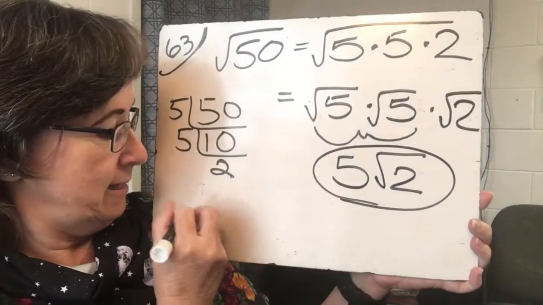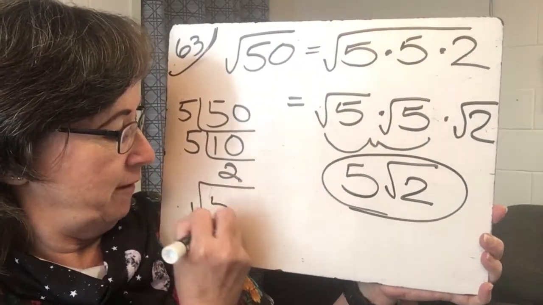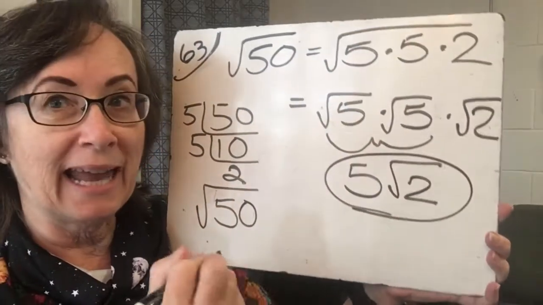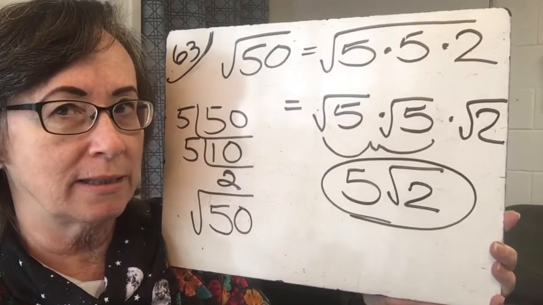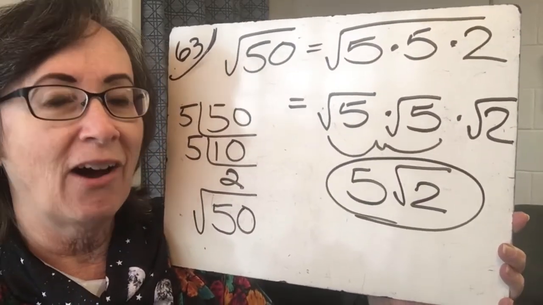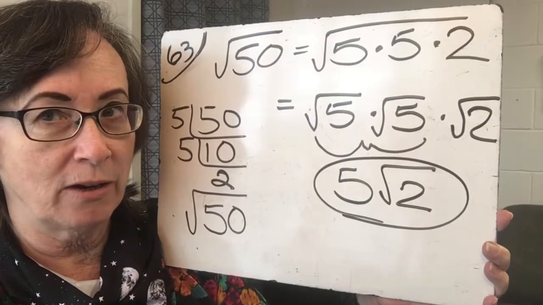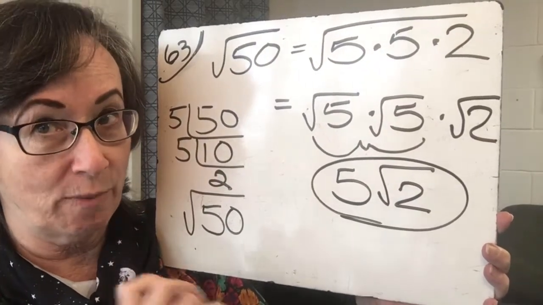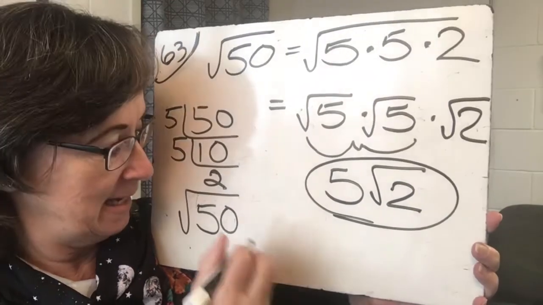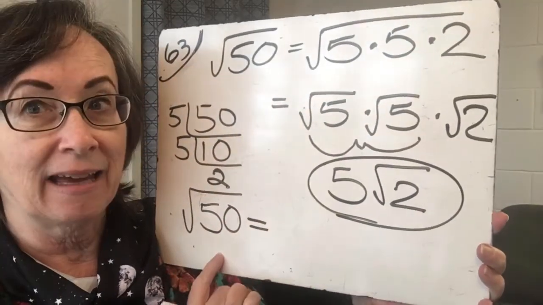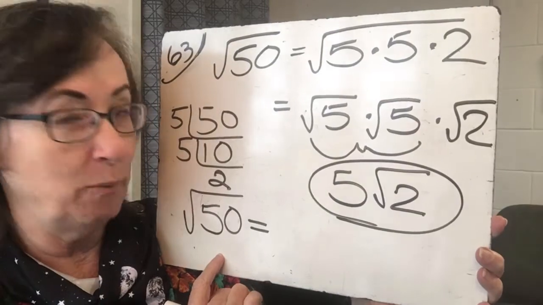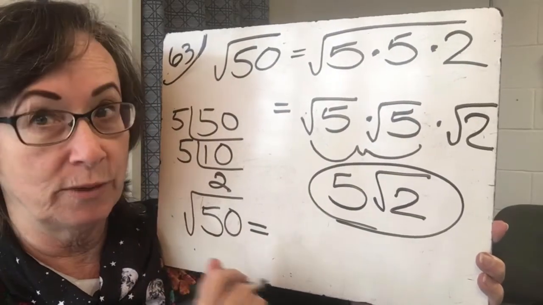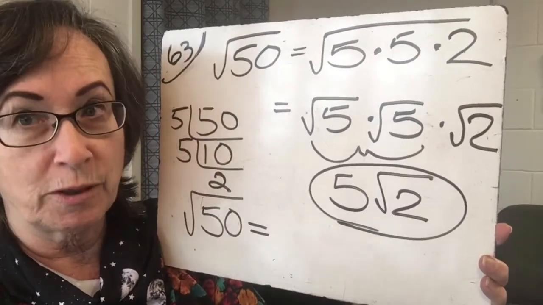But let's talk about 50. Remember, in the last section we memorized, or we're supposed to memorize, all of the perfect squares. And since we know the perfect squares pull out of the radical, we can take 50 and split it up using our square root of the product rule.